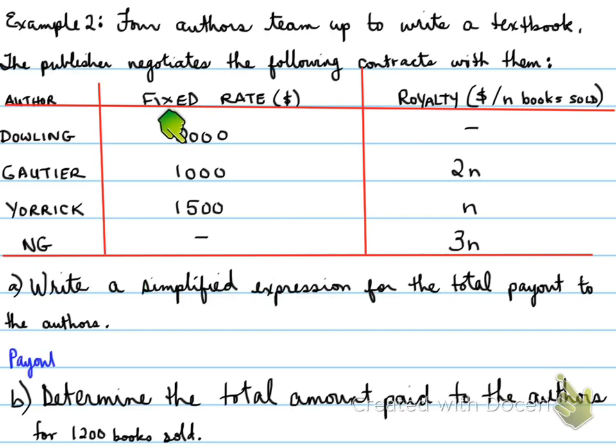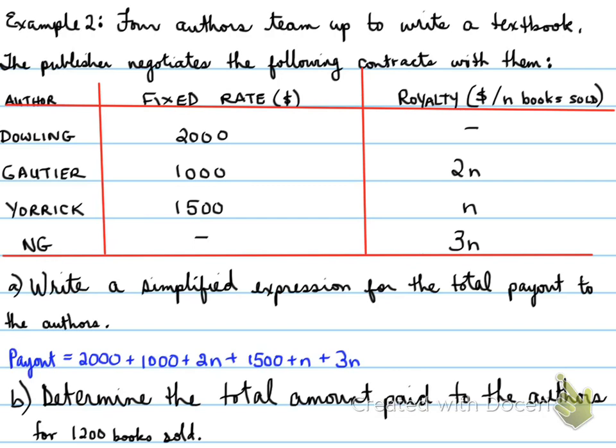The final expression, the payout, is going to be 2,000 plus 1,000 plus the 2n, don't forget that Gautier makes $2 for every book sold. Then Yorick's is 1,500 plus n, and Ing makes 3n total.